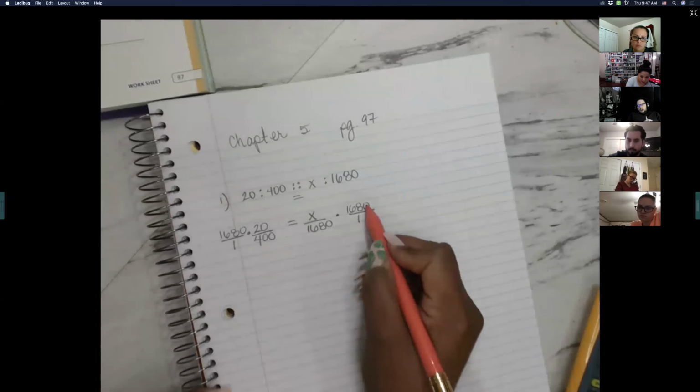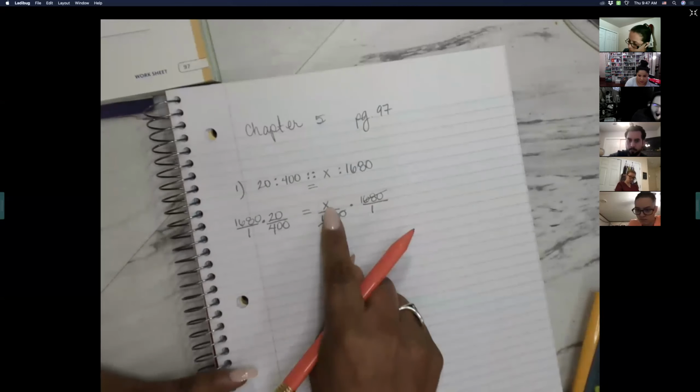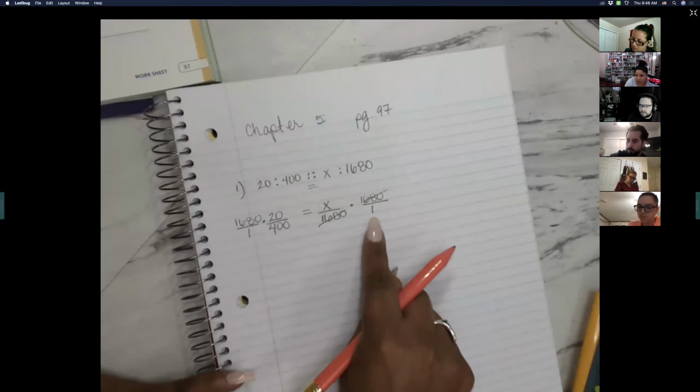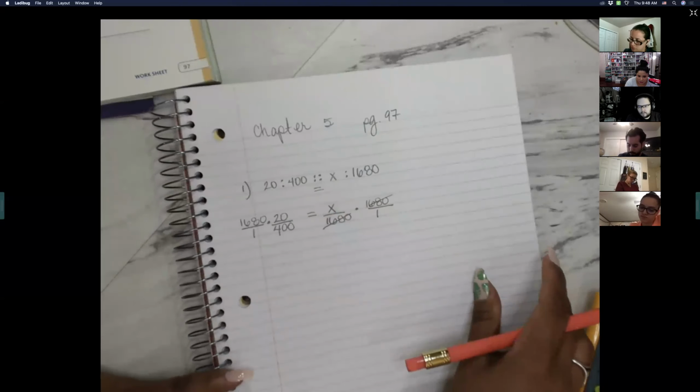This guy is going to cancel there, which leaves me with my x all by himself. There's a 1, but the 1 doesn't do anything, right? So he's essentially by himself. The x is isolated. That's what we are always going for.